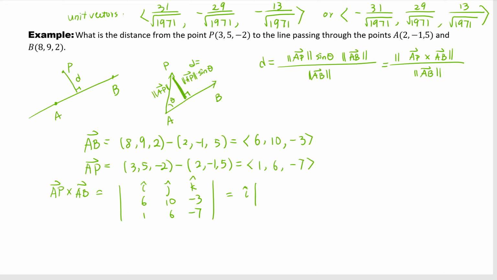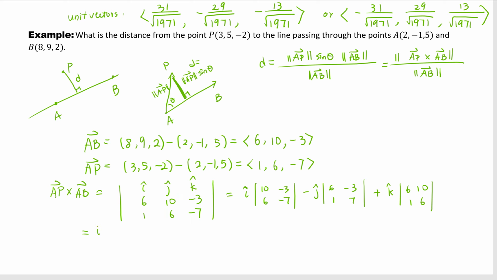That's i, and we have the minus j, and then k. Is that okay, everybody? So this is the first minor, and then these are the second minors, and then this is the last minor.